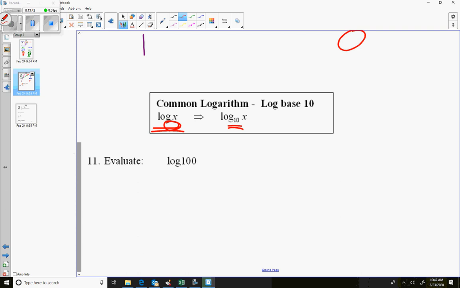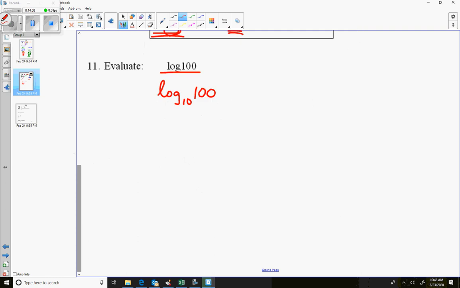So, number 11 here, evaluate log 100. What that really means is log base 10 of 100. And we could do this now a couple of different ways. We could do it like we did page 1, but I'm not going to. I want to do what we just looked at at the top of this page with our properties.